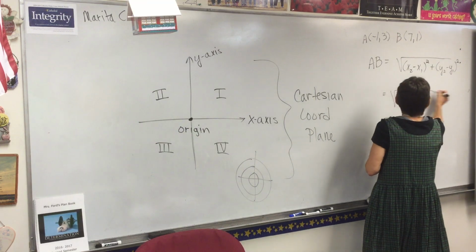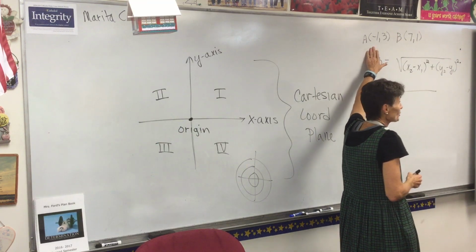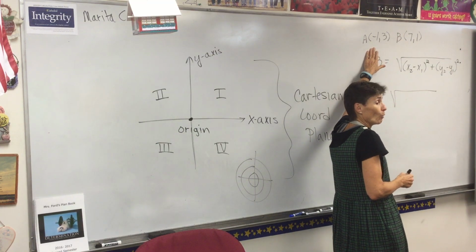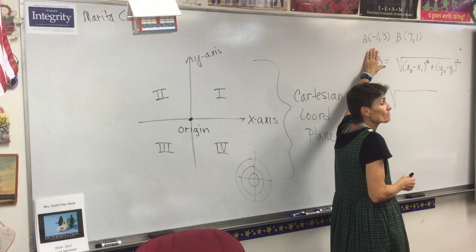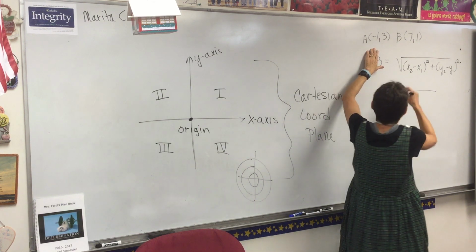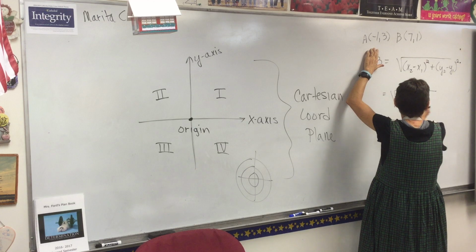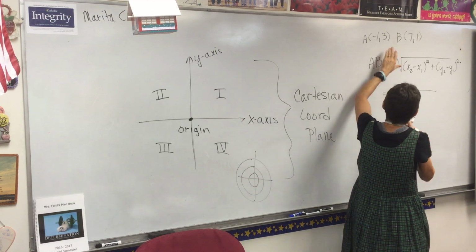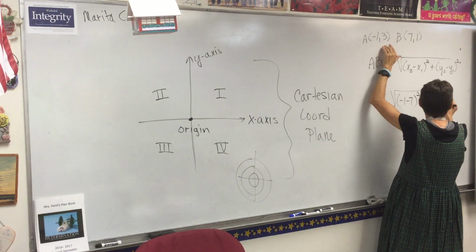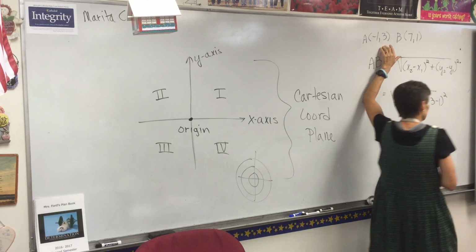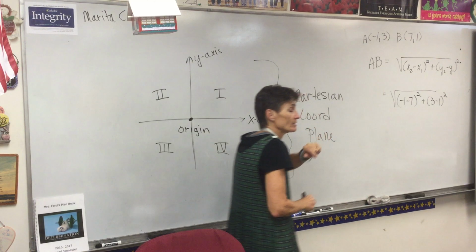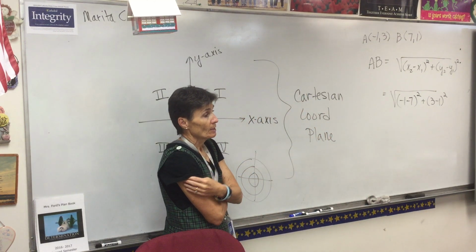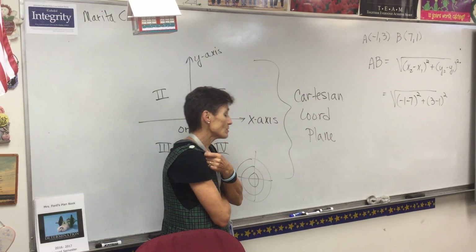So basically what you need to be able to do is subtract your x's. And the order's irrelevant. Just subtract them. So if I do -1 minus 7 and square that, then I subtract my y's, 3 minus 1, square that, add those together and take the square root. So I don't care if you use a formula or don't.